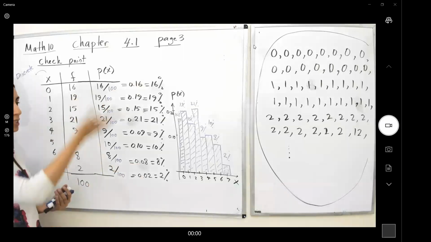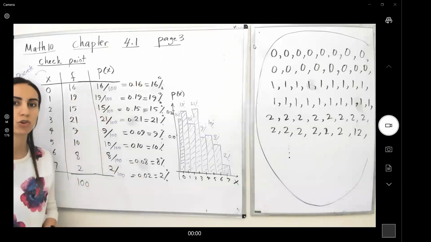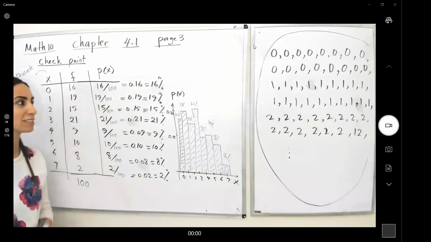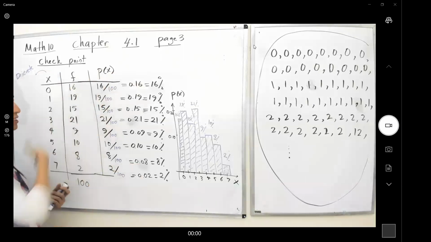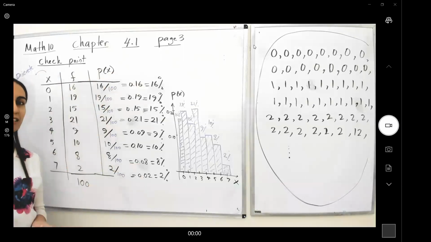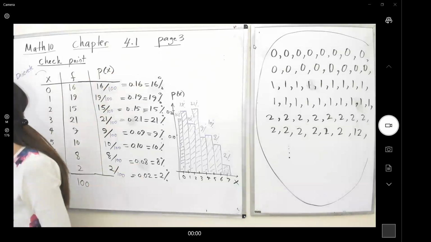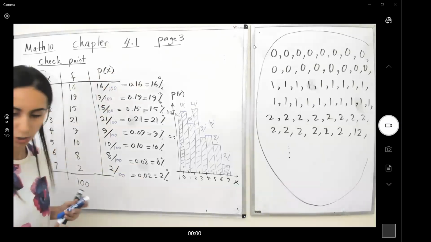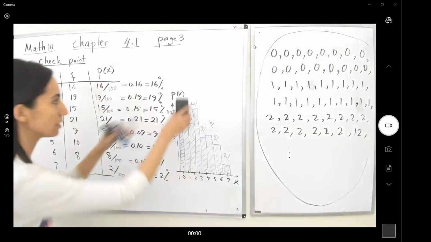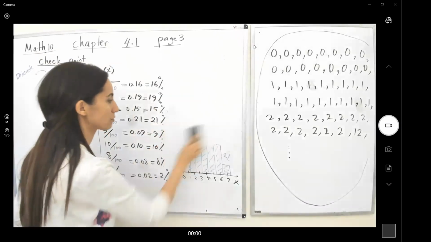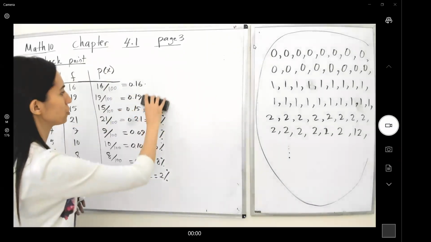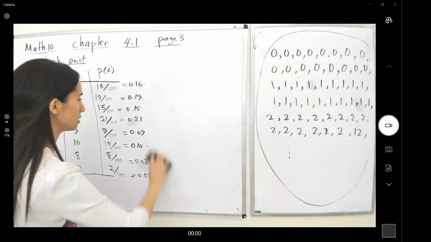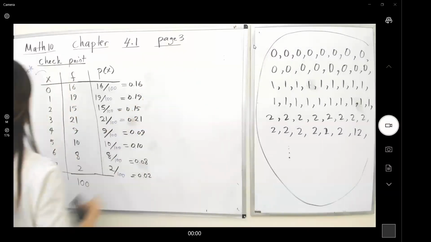I'm going to use this example to actually show you how to use your data and also probability of variable X to find the mean and standard deviation. Very well. So let me erase the graph. I'm going to just erase these percentages as well. It's easier for me to work with decimals.